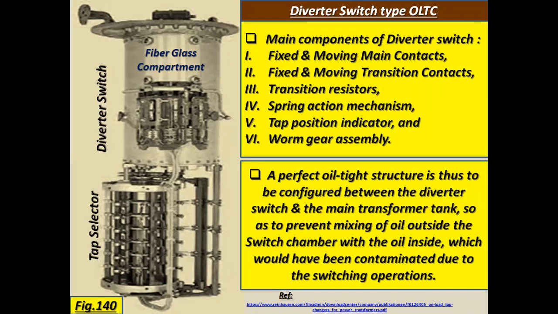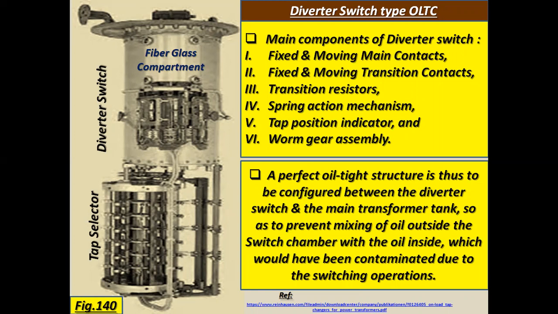Main components of diverter switch: one, fixed and moving main contacts, fixed and moving transition contacts. Number three, transition resistors, spring action mechanism, tap position indicator, and worm gear assembly.